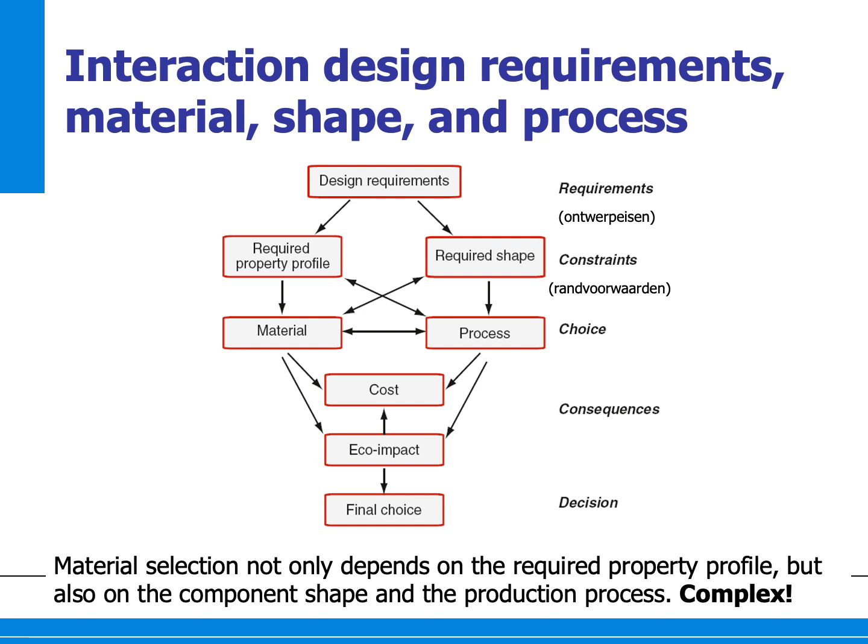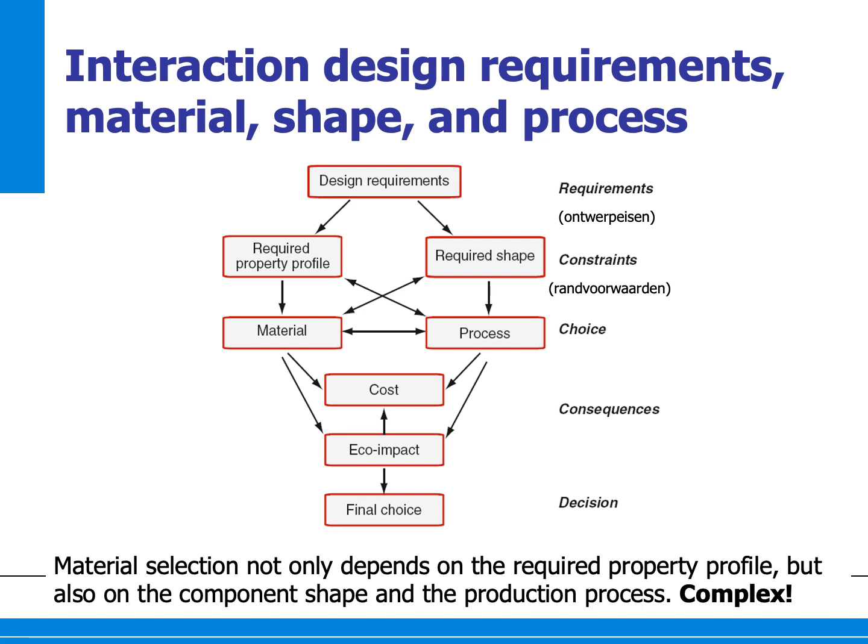Now from the required property profile we can derive which materials fulfill the requirements set in terms of properties. From the required shape we can derive a process or multiple processes that you can use to actually make the product or the material into the required shape.